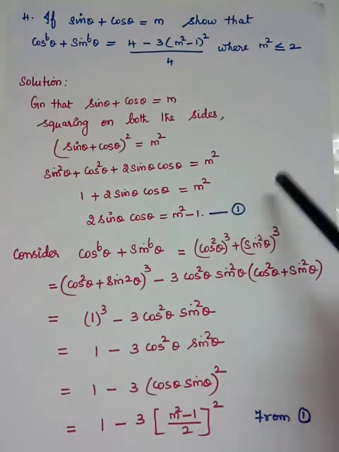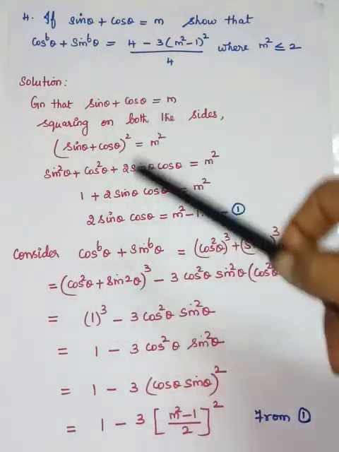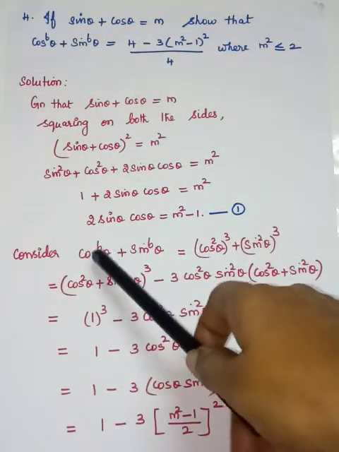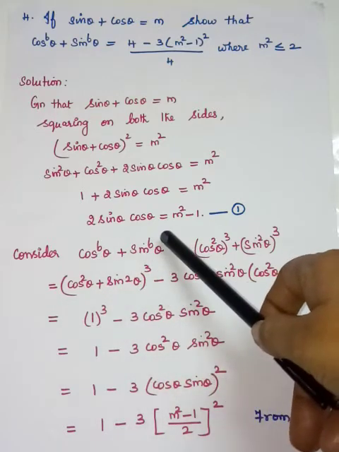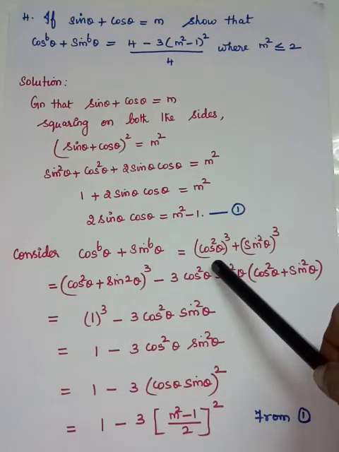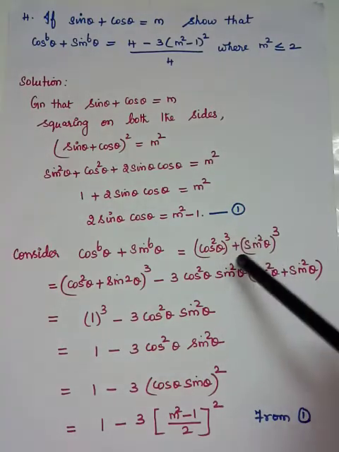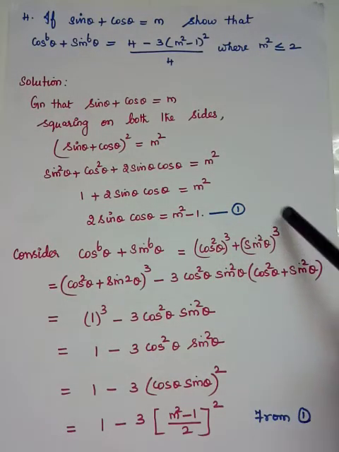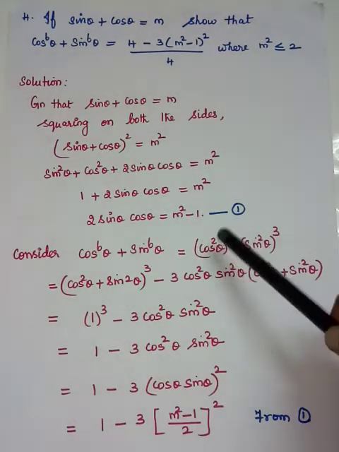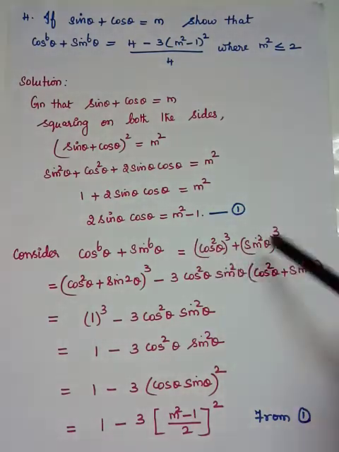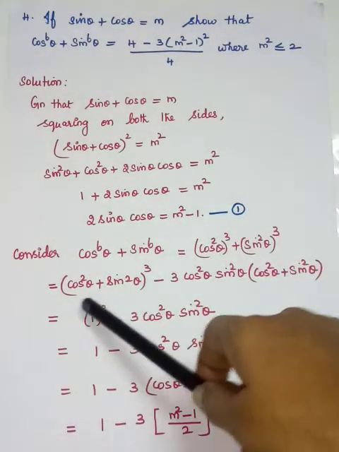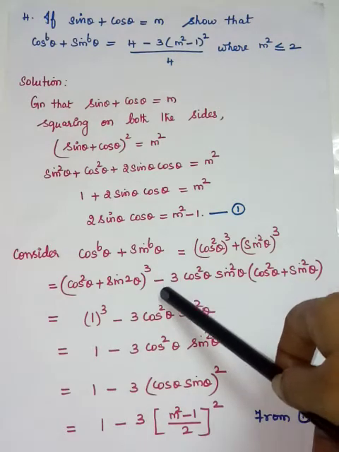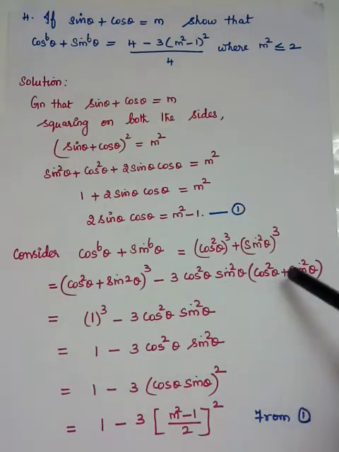Call this as 1. And consider the result you have to prove: cos power 6 theta plus sin power 6 theta. This can be written as (cos squared theta) the whole cube plus (sin squared theta) the whole cube. It is in the form of a cube plus b cube. How will it be written? A cube plus b cube is (a plus b) the whole cube minus 3ab into (a plus b).